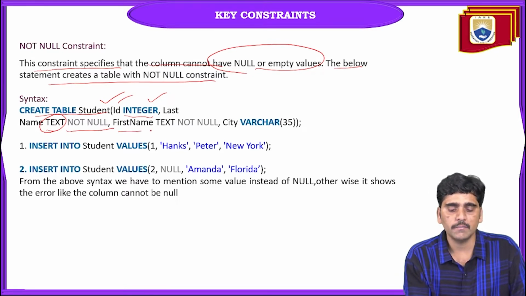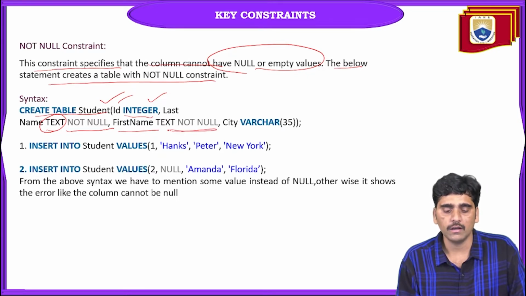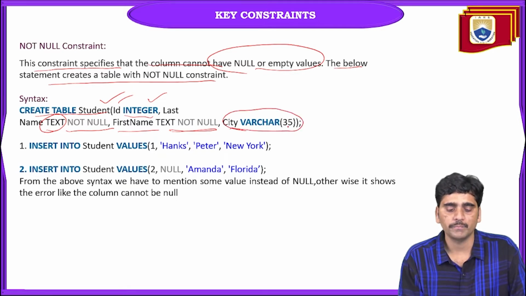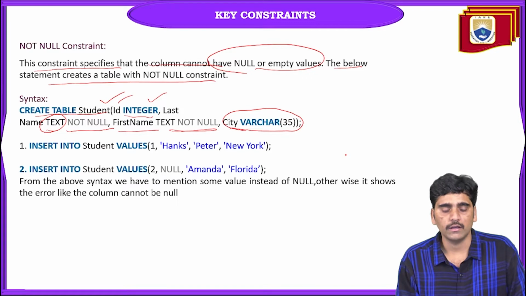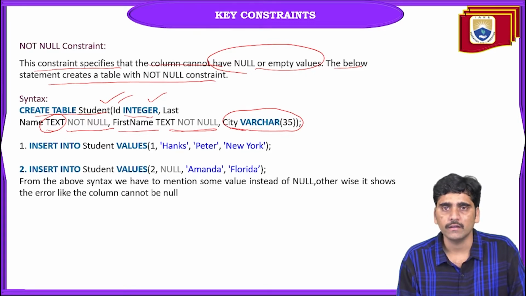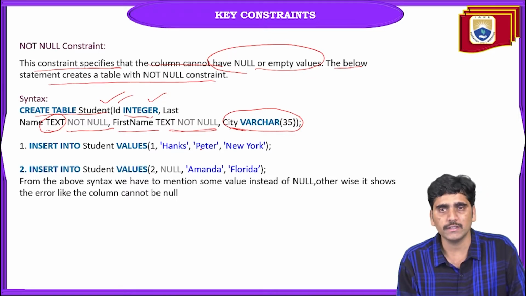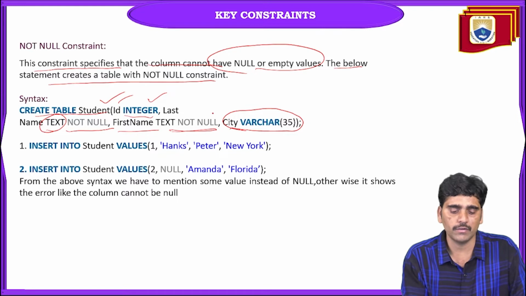The first name, with data type text, also has the not null constraint, and city is varchar. So in this table we are creating the not null constraint for the last name and first name.